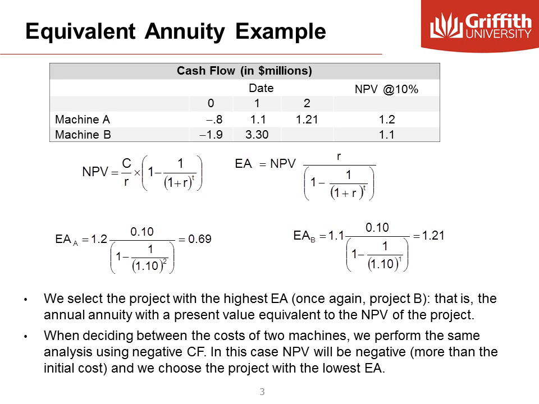The second approach is to transform the NPV into an equivalent annuity and then compare the two. This approach takes in consideration the different initial cost and the different cash flows and calculates an equal amount per year.